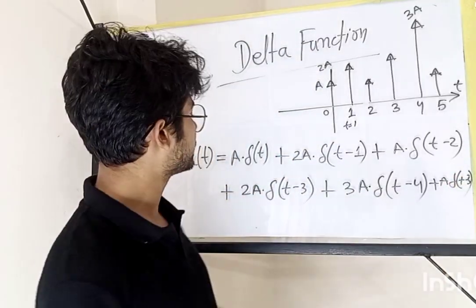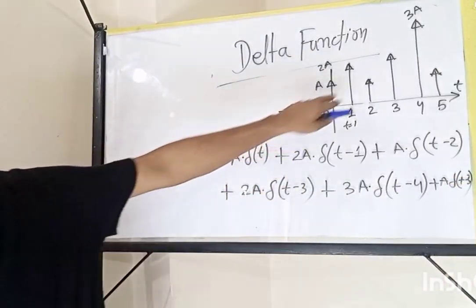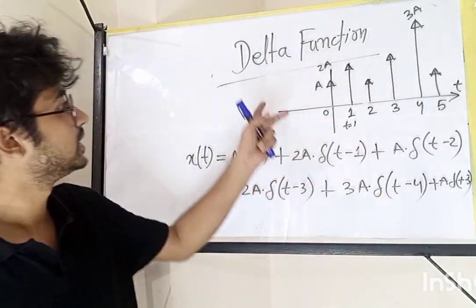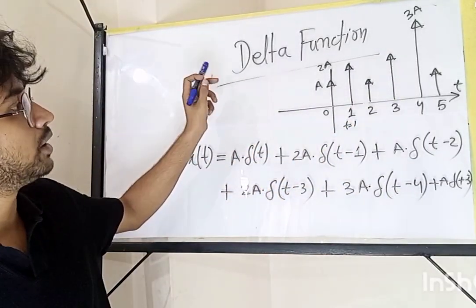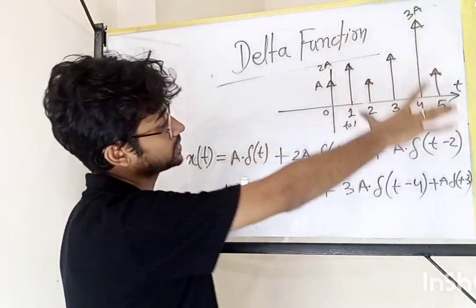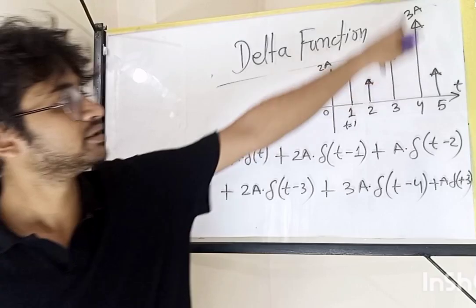So you can write this figure in this way. In this term it is called the impulse or the delta function. You can use the delta function to represent this graph or this digital impulse.